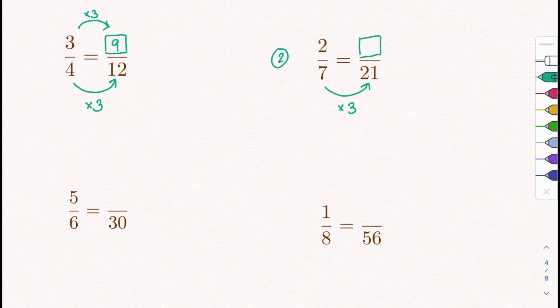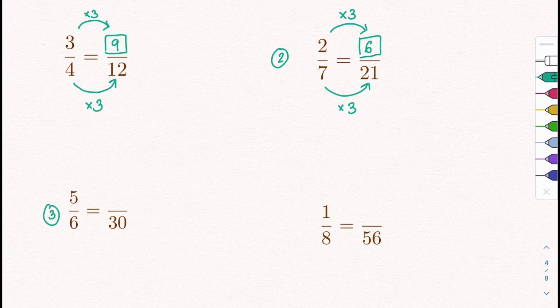Once we know this, we also have to times 3 to the numerator to find the missing numerator. Now, 2 times 3 gives us 6. And that means that 2 over 7 is equal to 6 over 21, and that these two fractions are equivalent.